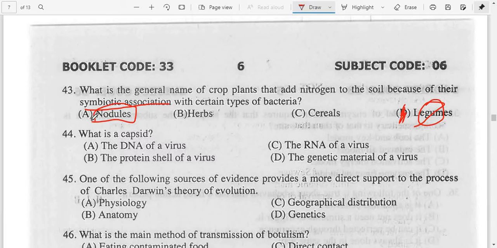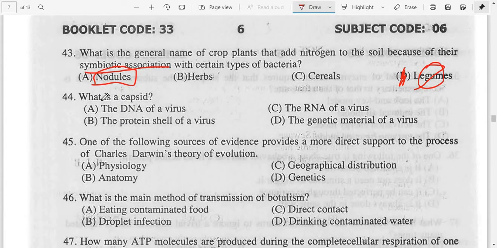The place where the association is at is the nodules. In legume plants they are found on the roots, like small swollen structures. That is where the bacteria form the association. It's in the root and it's in the nodules.